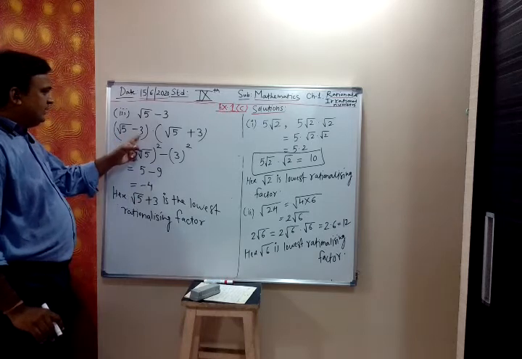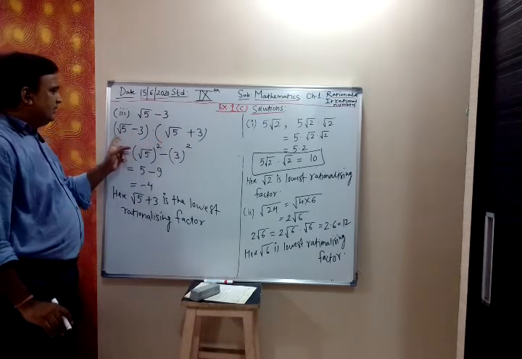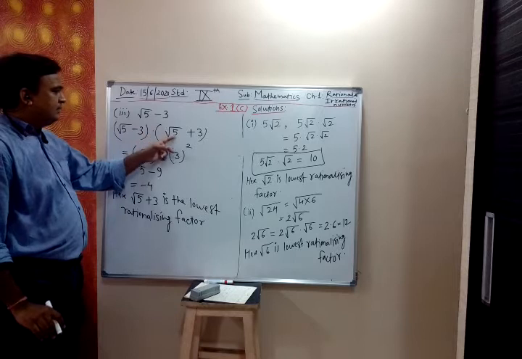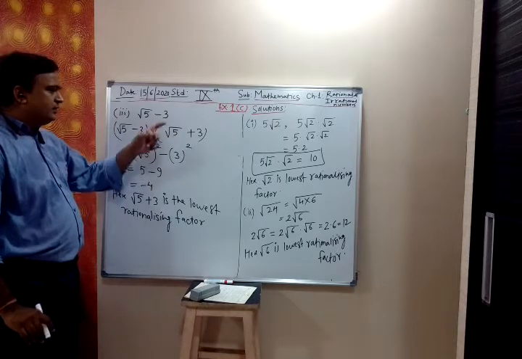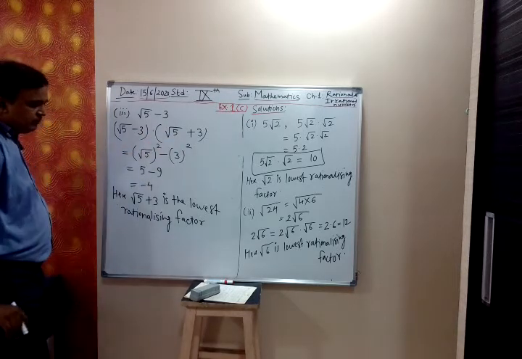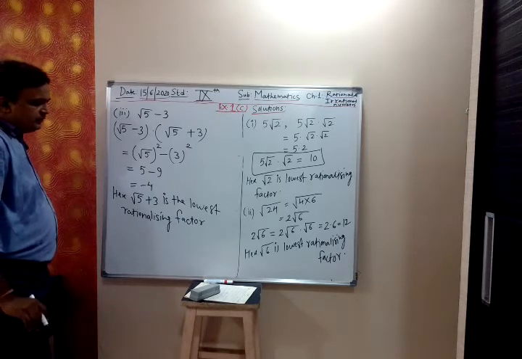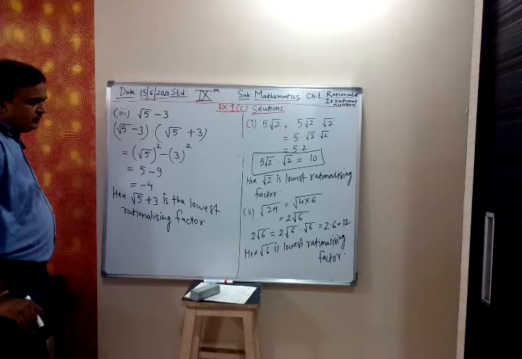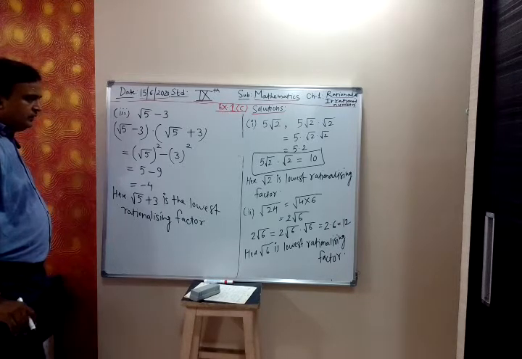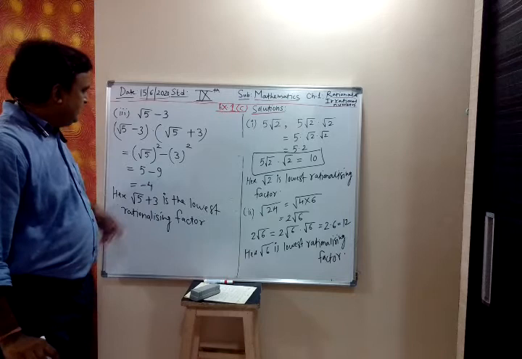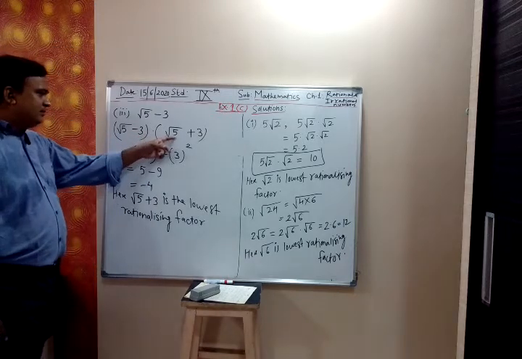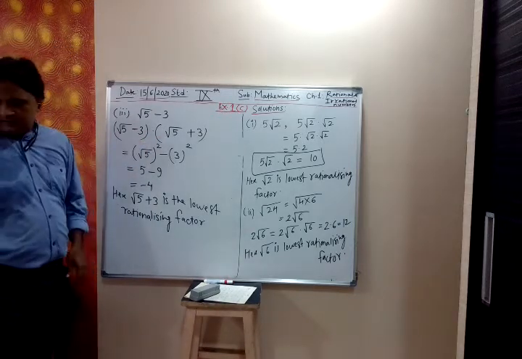A minus b into a plus b is a square minus b square.